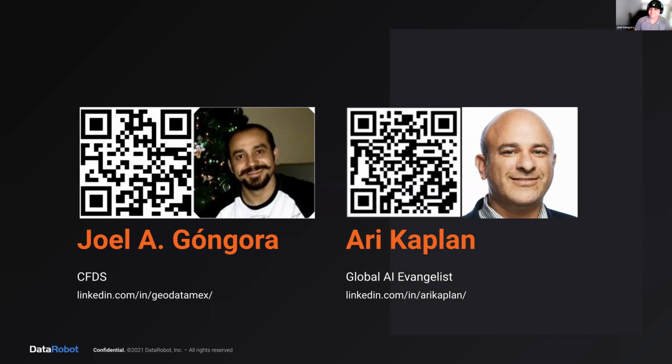Excellent. Joel's going to talk a lot more in depth on the unstructured and structured data analytics. Traditionally, data science was looked at as how you can process structured data, tabular information, what you would see in a spreadsheet, from numeric information to categorical.